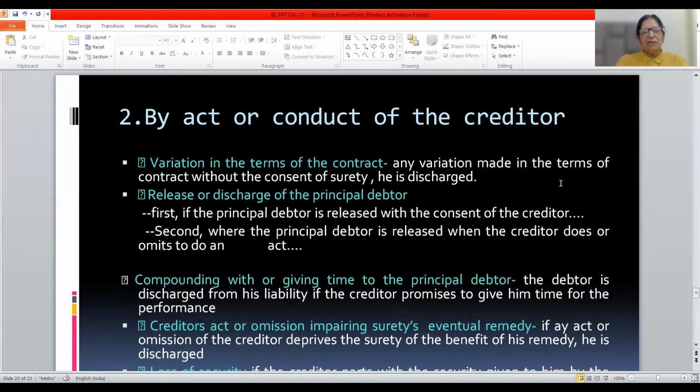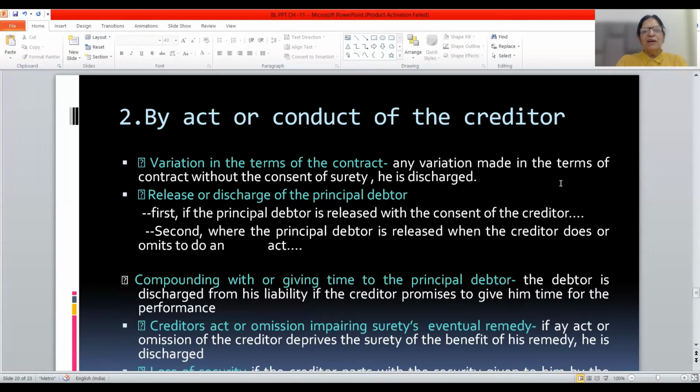And the last point is loss of security. The security which belongs to the debtor but which is in the possession of creditor. If it is lost due to the negligent act of the creditor, then to that extent surety will be discharged from his liability. Say, let us presume the motorbike.